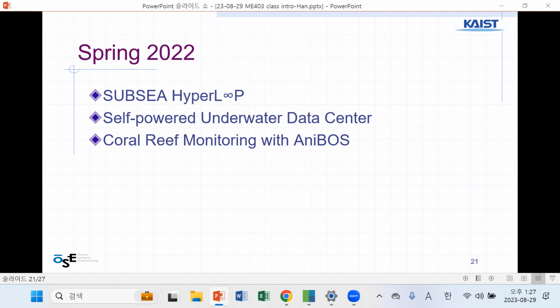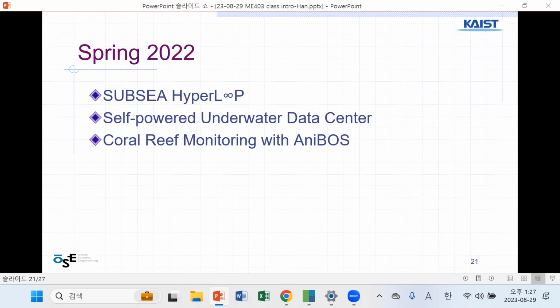Subsea Hyperloop, that is for a train between China and Korea under the seabed, and a self-powered underwater data center, similar to Microsoft. And coral reef monitoring with animals.